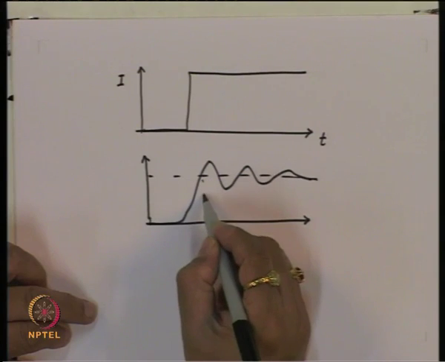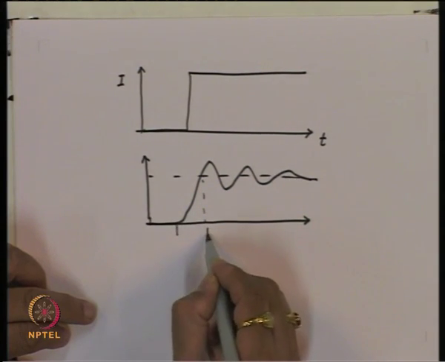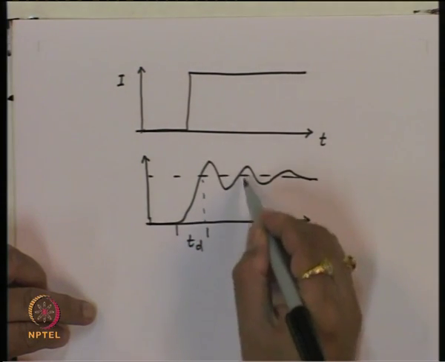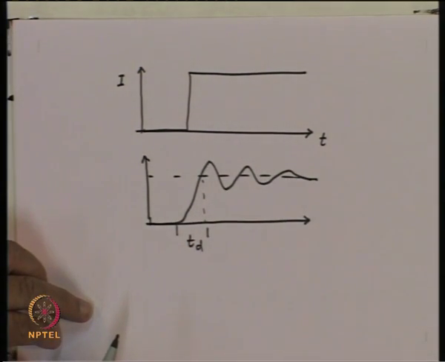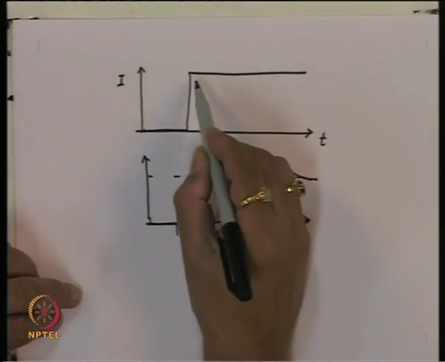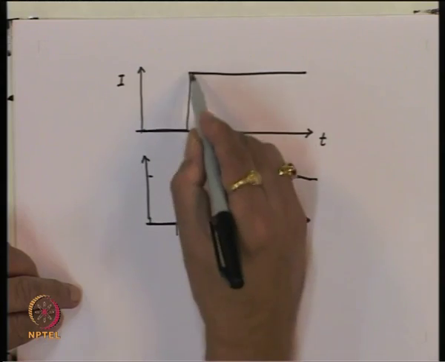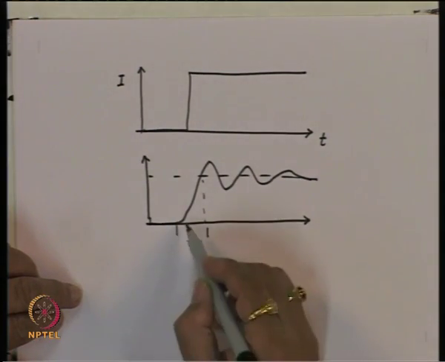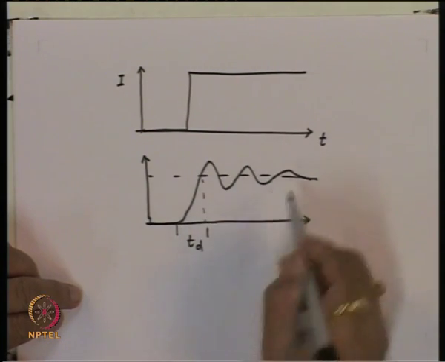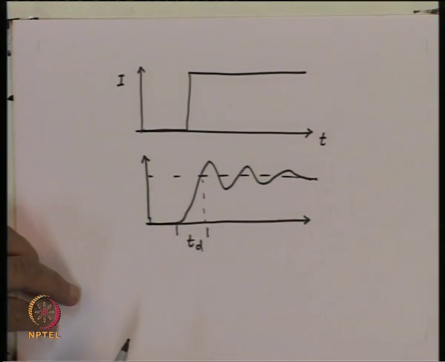So, you will have a delay associated with this, that is what we already talked about, this is Td, but you have this phenomenon of oscillation also which is related to this. This is what is called the relaxation oscillation of the laser. In fact, if this was not a constant thing like this, suppose it was a pulse, the optical output will not be a pulse like thing, it will be some kind of a ripple riding on that pulse.